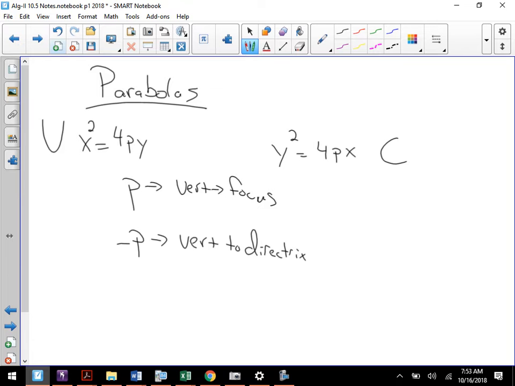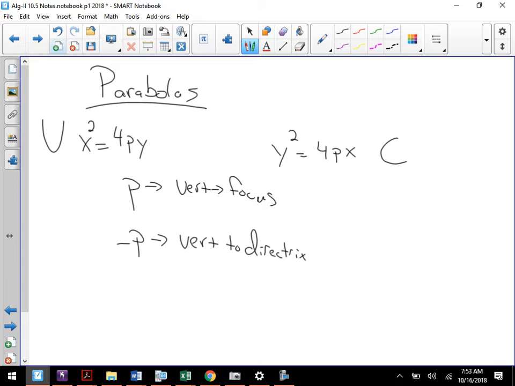Now the directrix. The directrix was a line. Now, if you're an x squared parabola, up like a cup or down like a frown, what kind of a line, x equals a number or y equals a number, would the directrix be? It'd be horizontal, correct, but what's the equation of a horizontal line then? y equals, good.